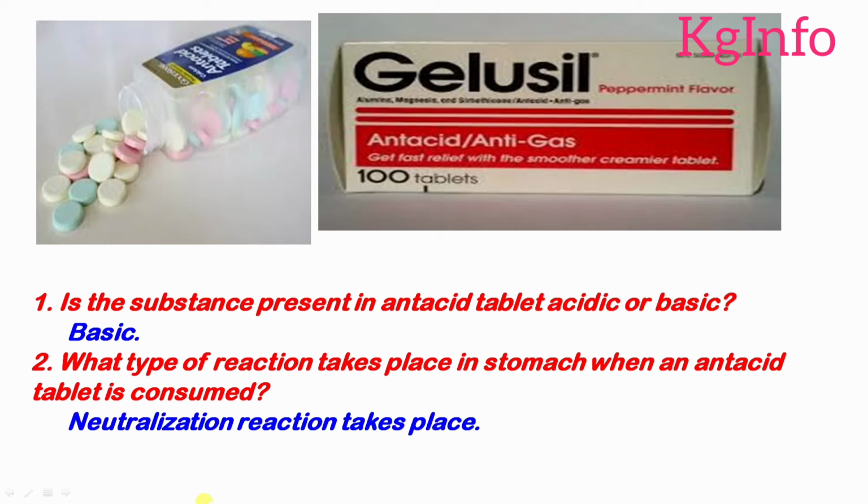Acidity occurs when there is an excess secretion of acids in the gastric glands of the stomach. Then there is acid reflux into the esophagus and acid heartburn. So whenever we suffer from acidity, what type of medicine do we have to take, children?